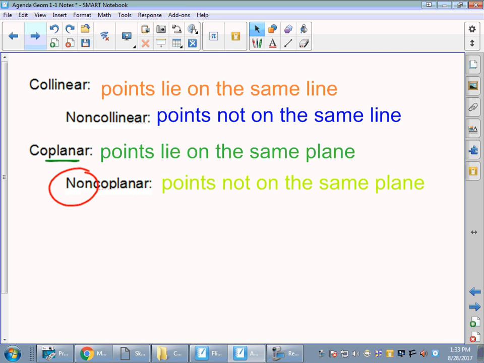I put points, but we really could put lines or points. And a lot of this is spatial thinking. Some people are really good at this and others struggle a little bit more. So we'll do a lot of examples looking at coplanar points, collinear, looking at planes and points and lines.